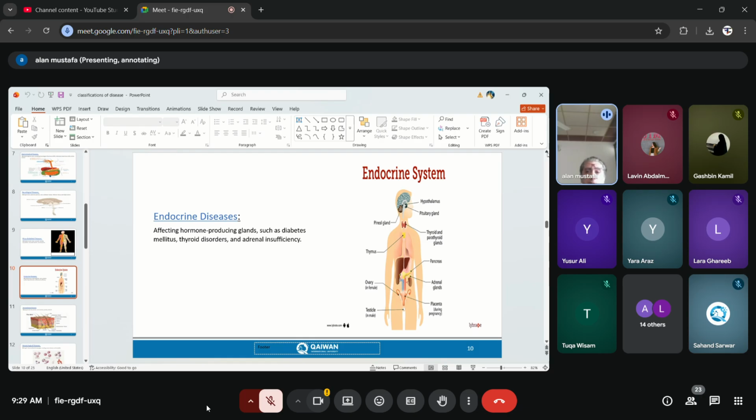Thyroid disease, like thyroid cancer, hypothyroidism, hyperthyroidism, is unbelievably common here in our area. Like diabetes, which can be classified here. It's a hormonal disease, an endocrine disease. A lot of diseases can be put inside different categories, inside different systems.